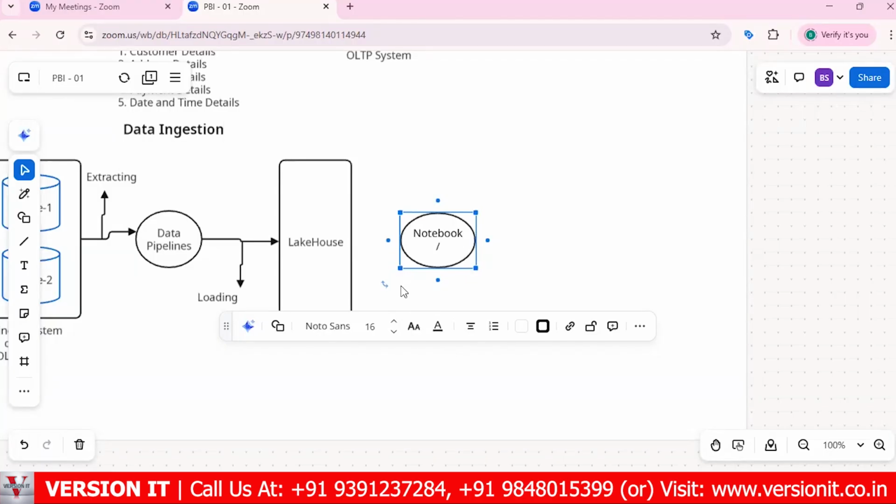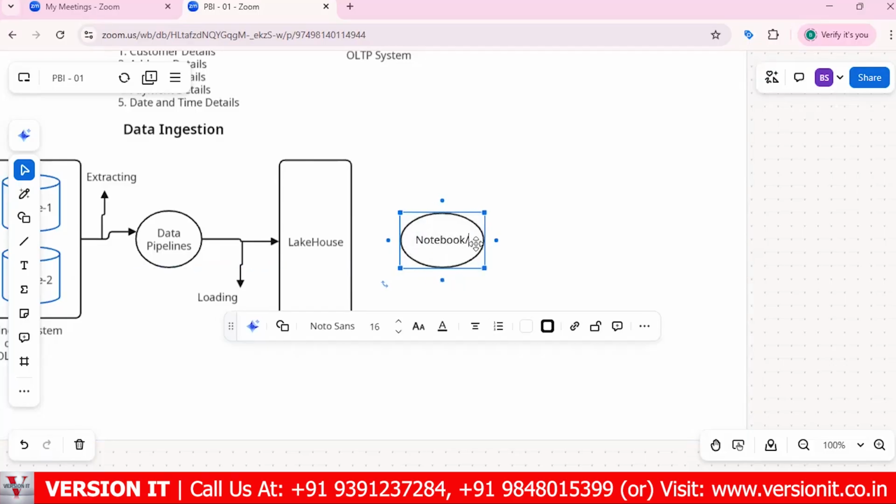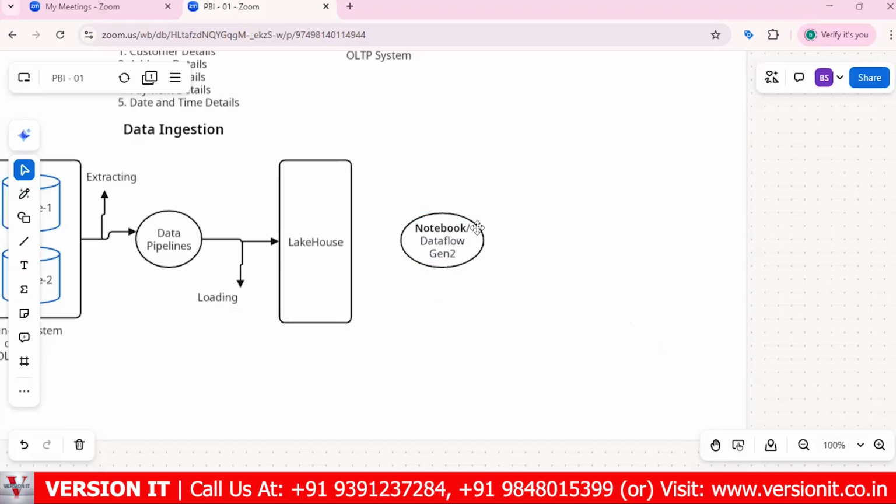Apart from the notebook, I have Dataflow Gen 2. There are limitations for Dataflow Gen 2, on when to use it and how to use it.